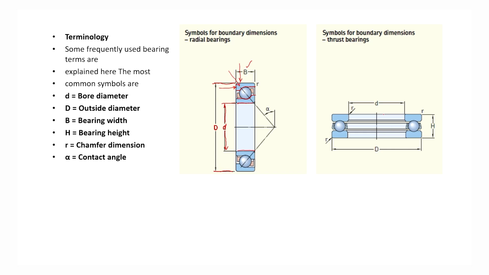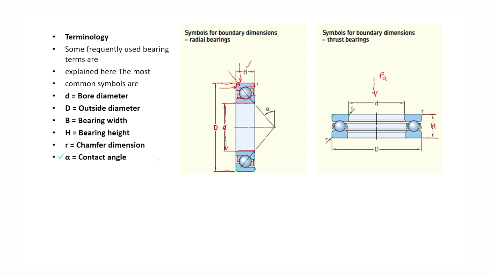In the case of a thrust bearing, the load can be carried only in the axial direction. So, the height is given by this H. Then R is the chamfer, this chamfering is there at the edges, like this, you see, chamfering is there here also.